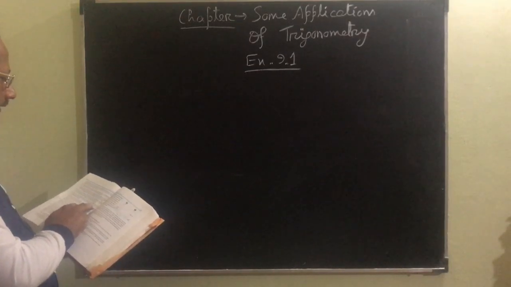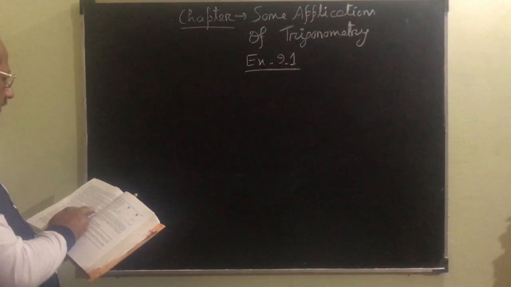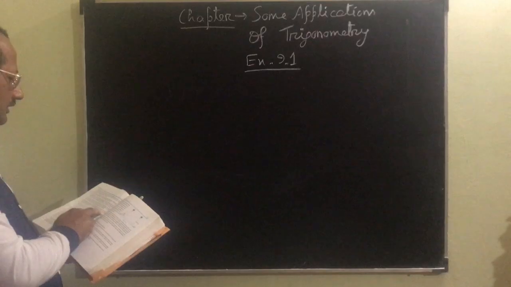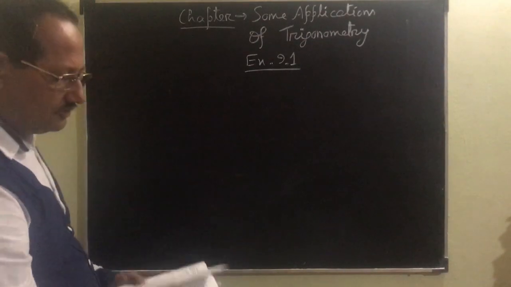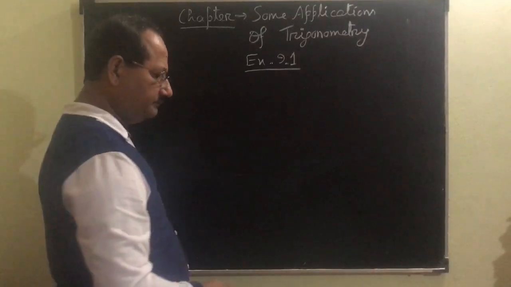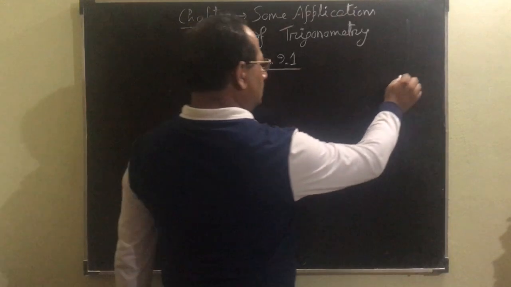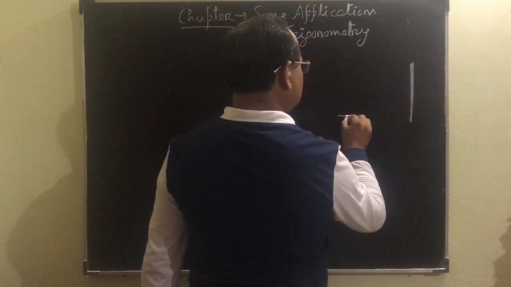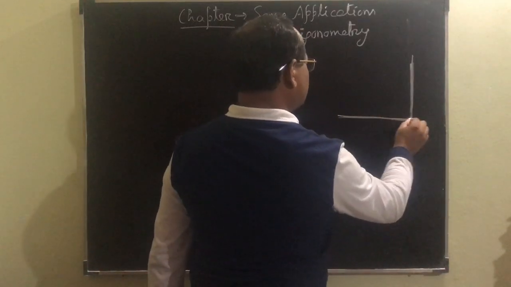Whereas for the elder children, she wants a steep slide at a height of 3 meter, inclined at an angle of 60 degrees to the ground. What should be the length of the slide in each case? You have to draw 2 slides. Suppose this is one slide for below the age of 5 years.